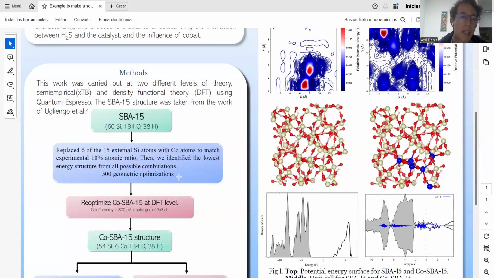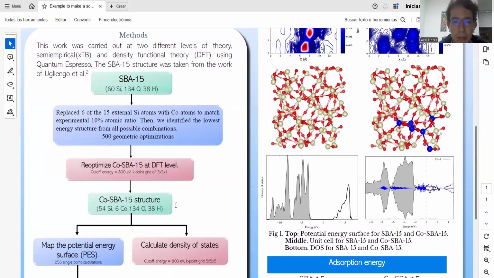And once we get the lowest energy structure of all those possible combinations, we reoptimize this lowest energy structure, but now at the density functional theory level, using a cutoff energy of 800 electron volts and a k-point grid of 3 times 3 times 1. And with that, we get the optimized cobalt SBA structure, which now has 6 cobalt atoms.